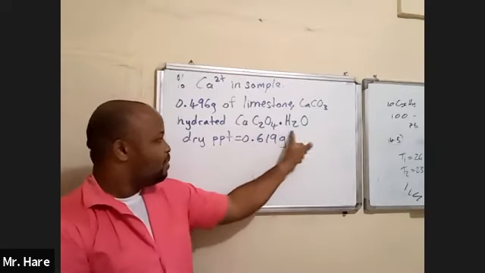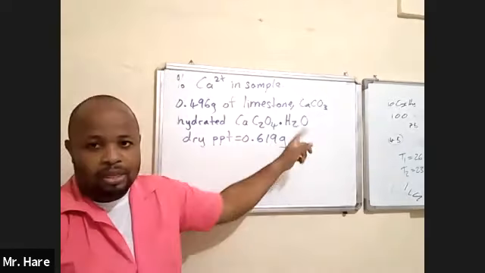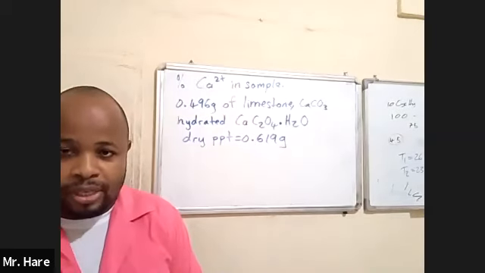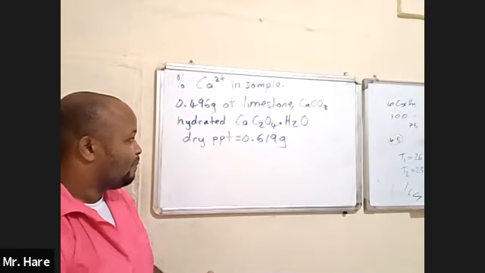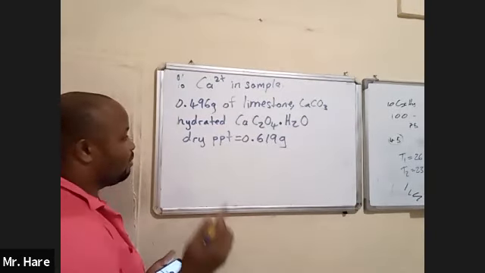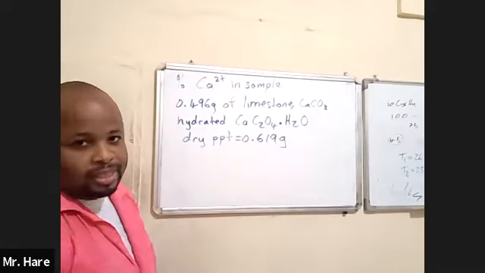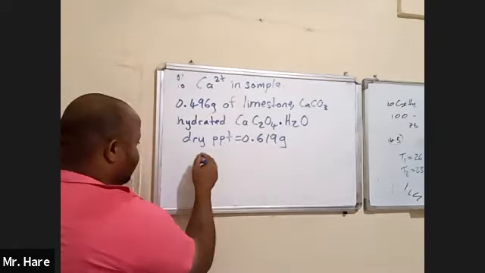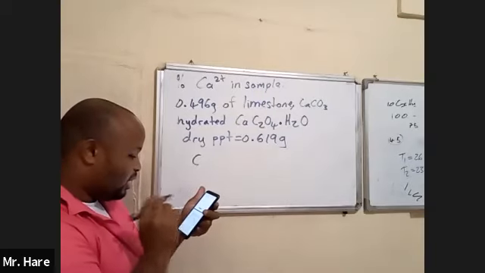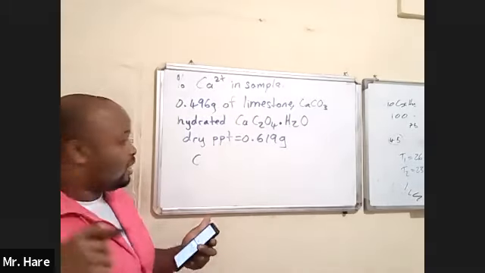So if this is the formula for hydrated calcium oxalate, what would be the formula of dry calcium oxalate? So just the C2O4? That is correct.